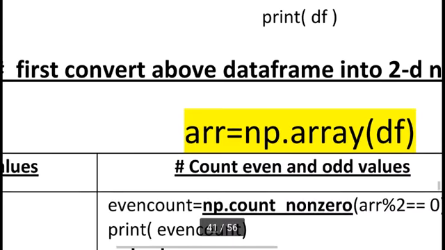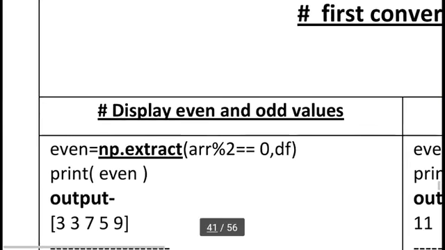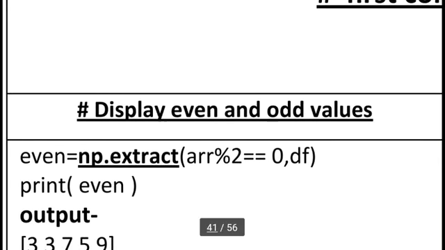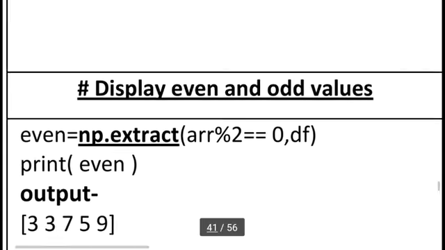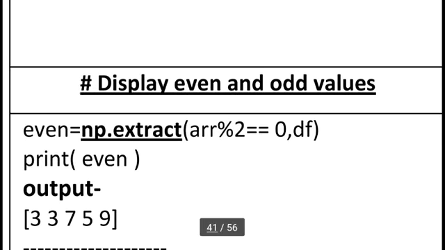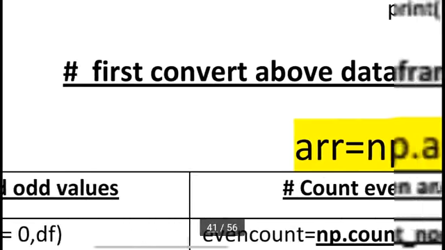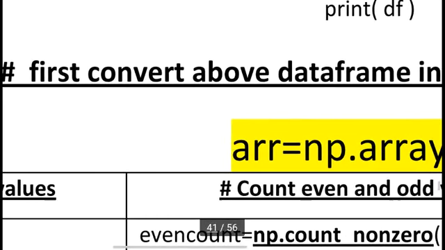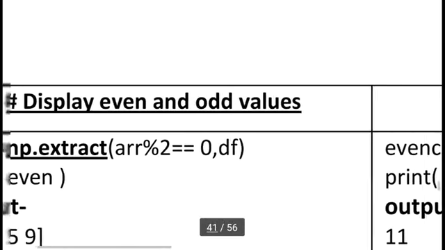Okay, because numpy provides so many easy methods, with the help of numpy methods we can perform this easily. First I want to display the even and odd values. So I am writing even equal to np.extract. Here np represents the entire data frame values.